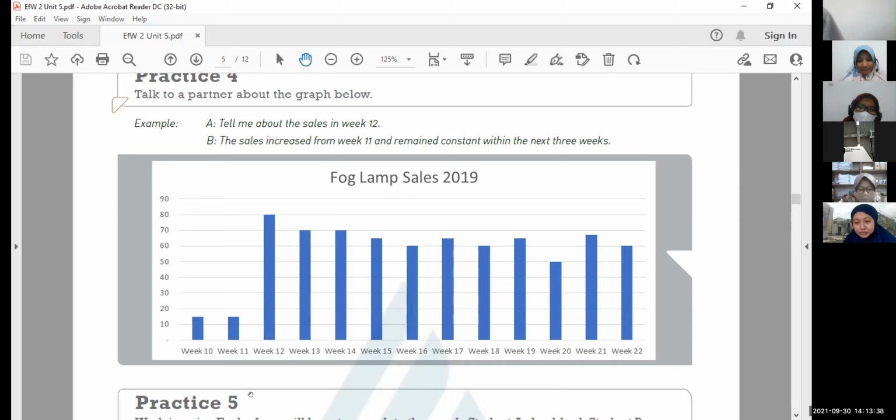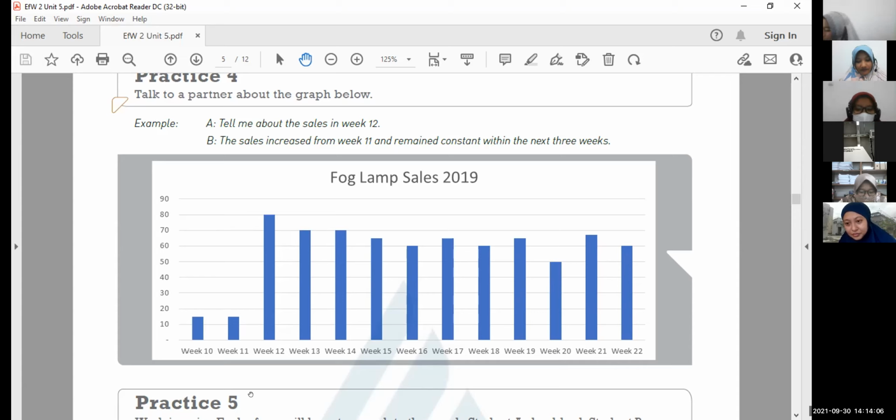For this chart, please explain to me on this chart about week 10 until week 12. Maybe Miss Vivi can explain it.